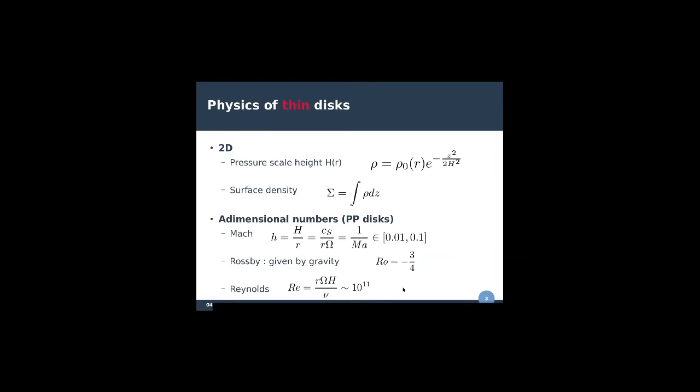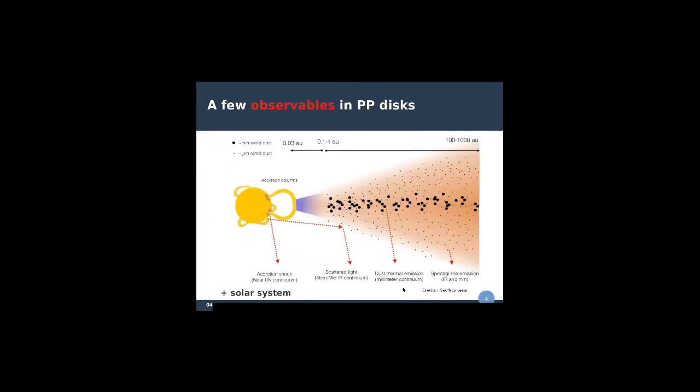Since a few years, it's now possible to detect more and more structures in these protoplanetary disks, and we have several observables that are useful to understand planet formation and to understand waves propagating in these disks. So typically we can observe them in millimeter wavelengths.